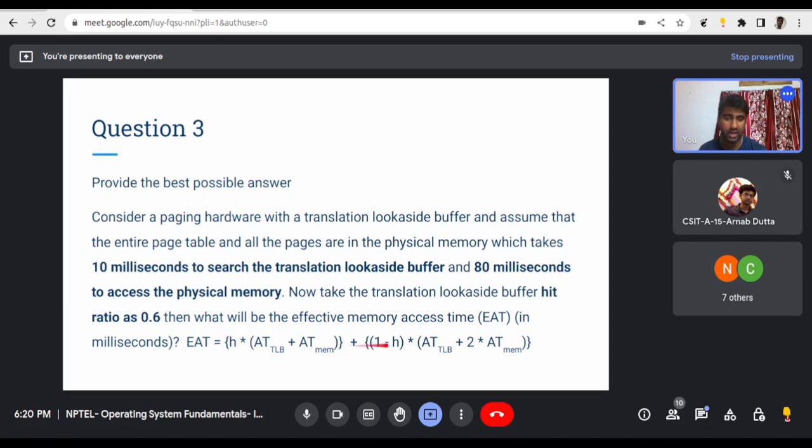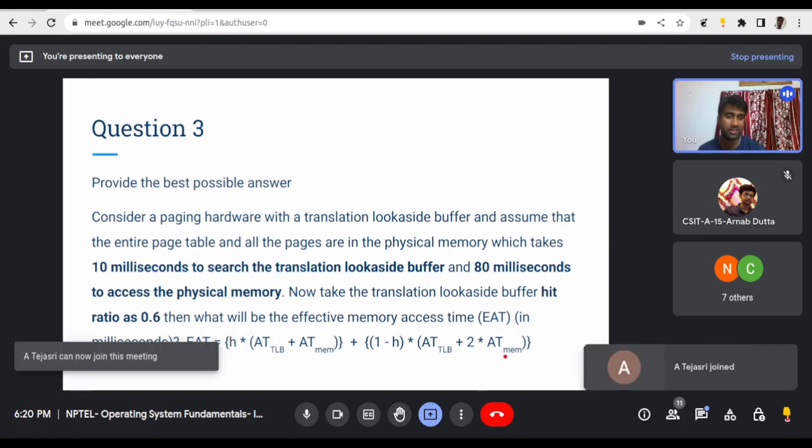And if it is a miss, then we obviously still require the access of the translation look-aside buffer, only then can we know that it is a miss. But after that, since it is a miss, we have to access the page table that is present in the main memory, as we saw in the previous diagram, and that creates two accesses of the main memory.